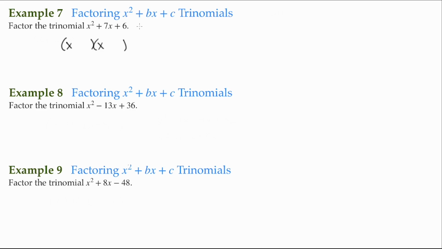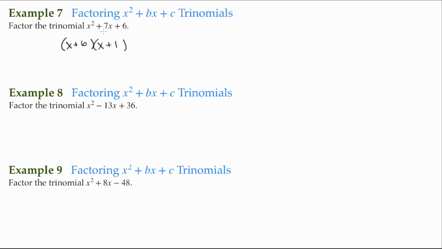So we have to think of two values that when we multiply together give us 6, and when we add together give us 7. And those two values are positive 6 and positive 1. 6 times 1 is 6, and 6 plus 1 is 7.